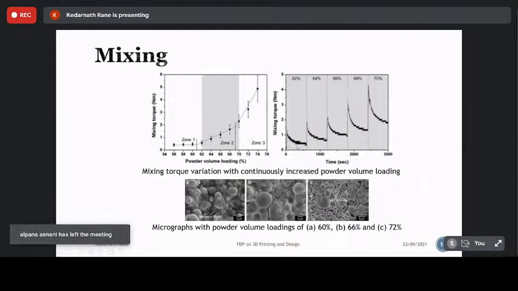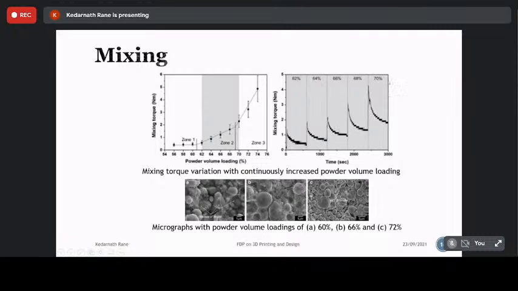Similarly, as you can see, with respect to time your torque is going to increase because of the quality of the process, as well as the powder loading.